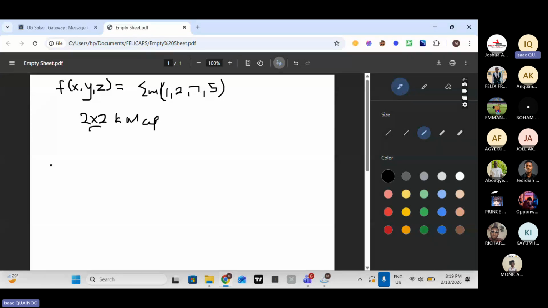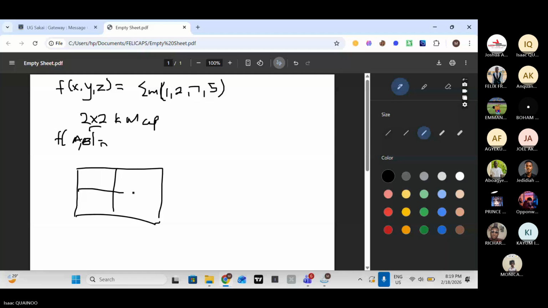So a 2 by 2 K-map for the function A and B, where a function with variables A and B can be represented as you have this right here. We said 2 by 2. That means that the total number of cells is 4.